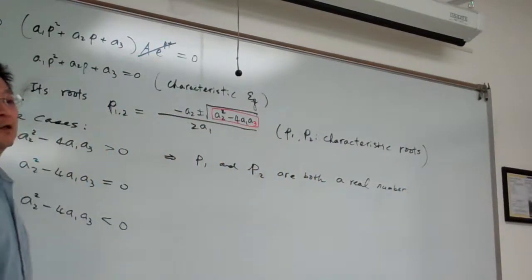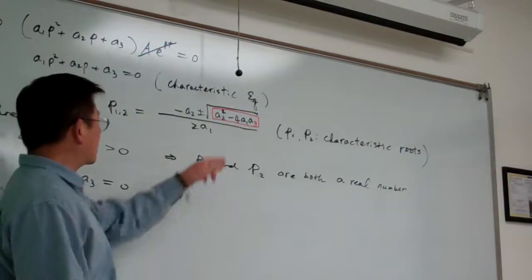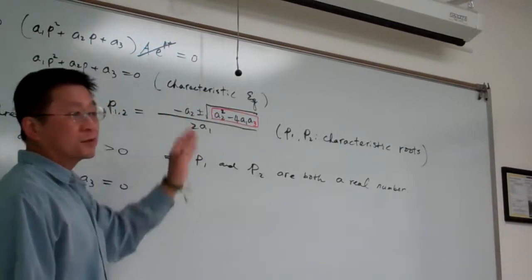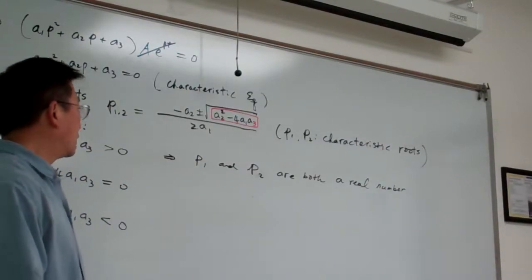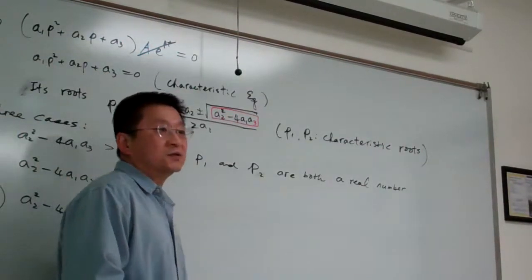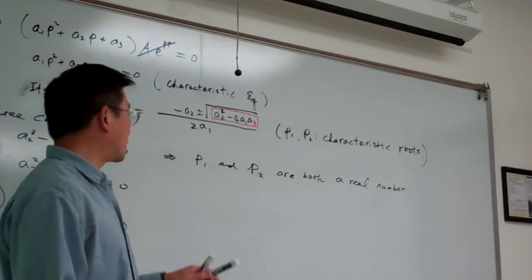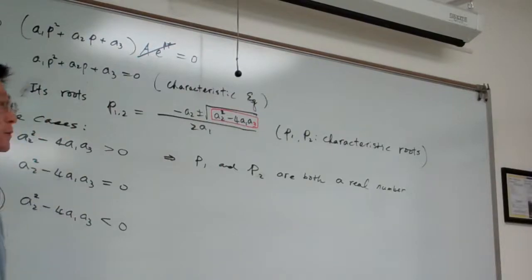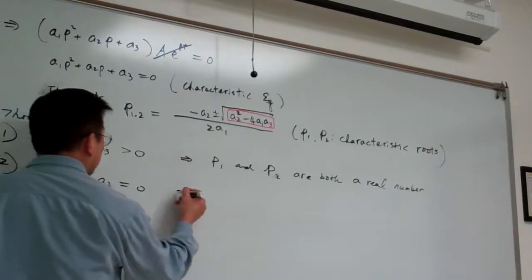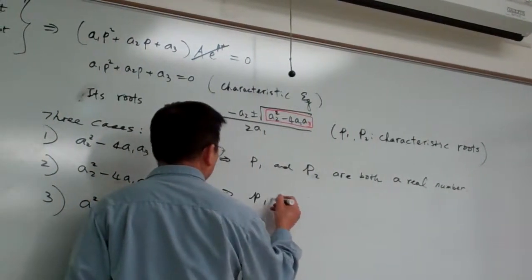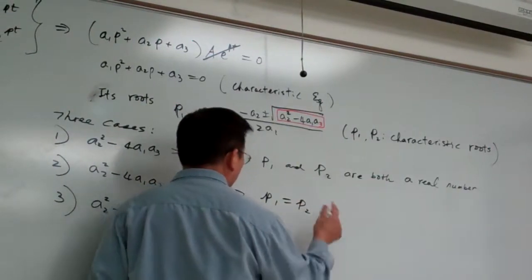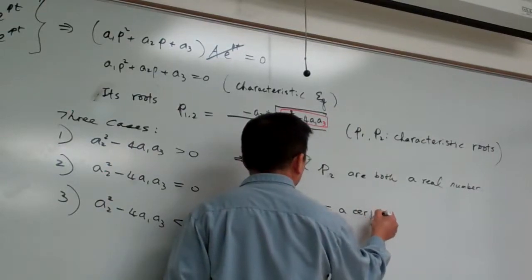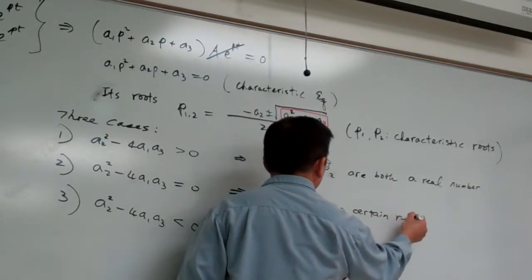Okay? Because after taking the square root, minus a1, minus a2 plus or minus a real number is still real. So for this case, we have a solution, say minus 1, minus 2, something like this. Okay? And for this case, that's saying P1 equals P2, and they are equal to a certain real number.